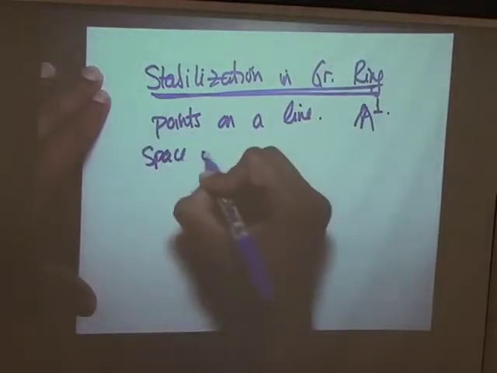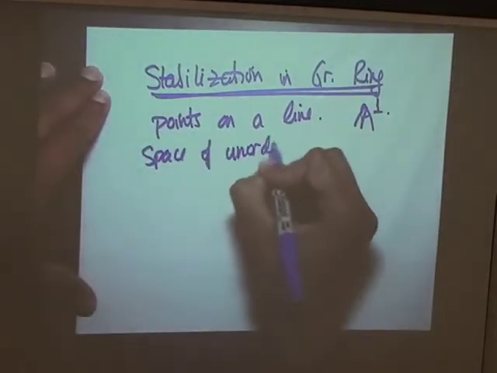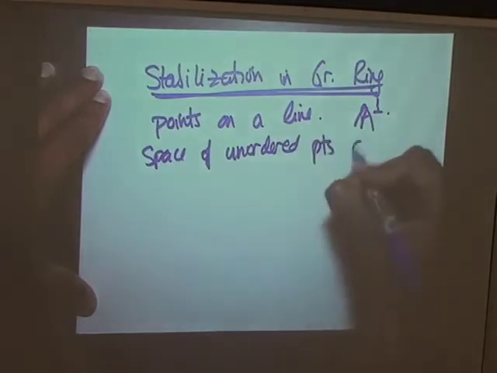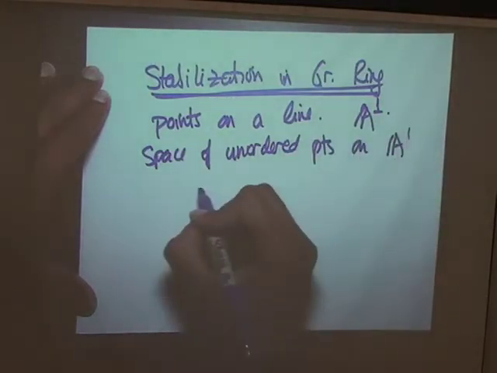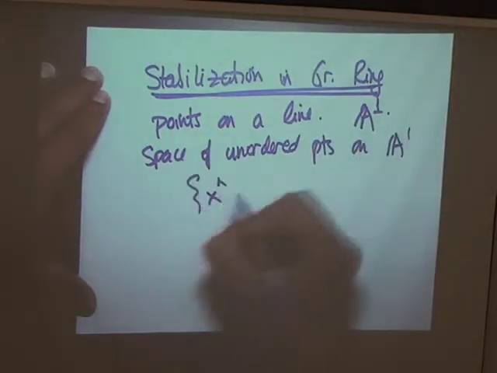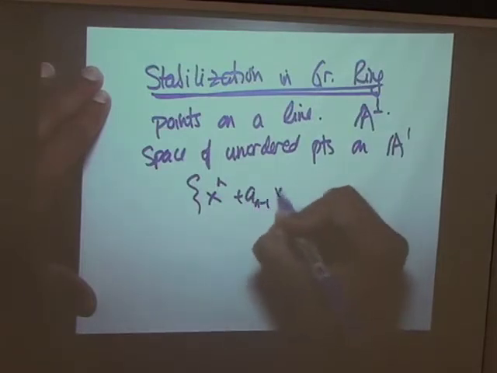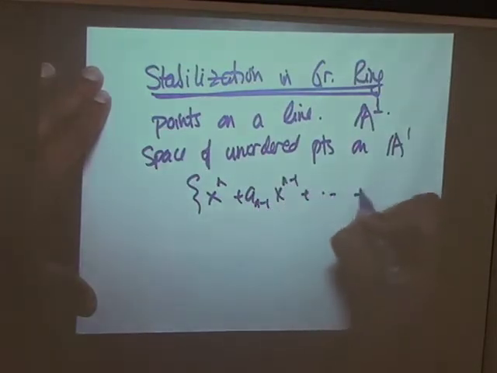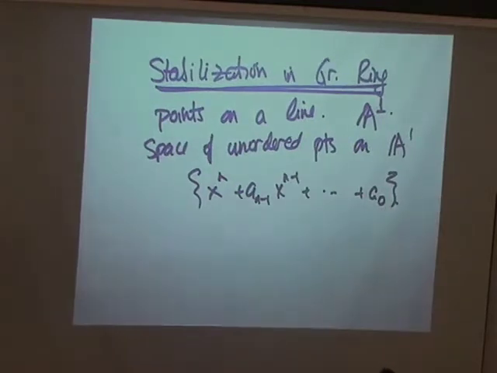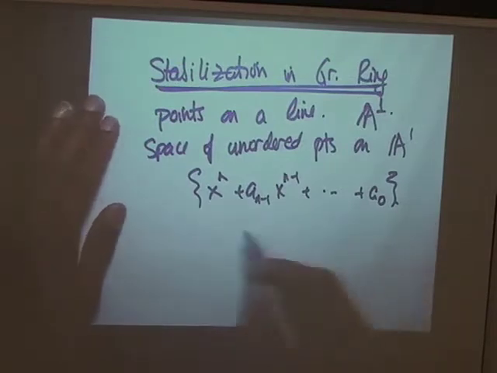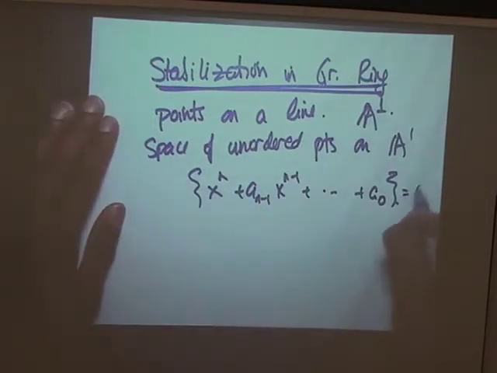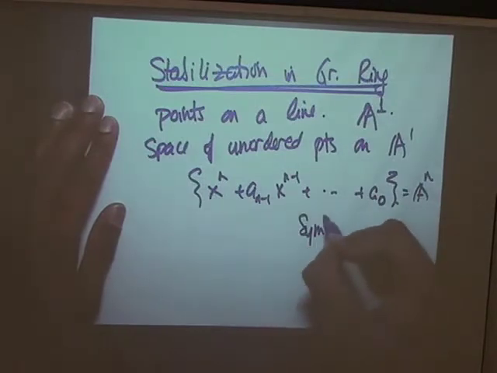So the space of unordered points on A1 is going to be just polynomials, because of course that has precisely the data of the unordered set of roots. And so this is A^n. So we're basically showing that Sym^n of A1 is A^n.